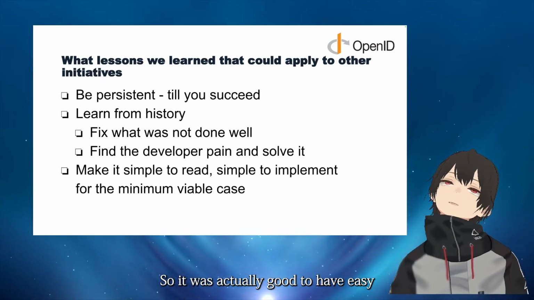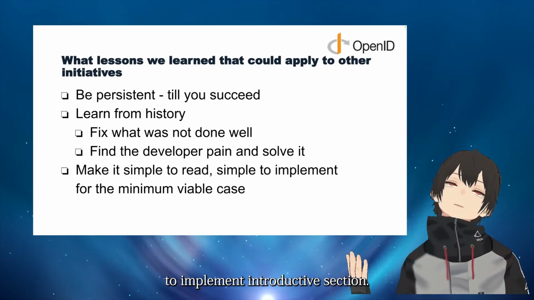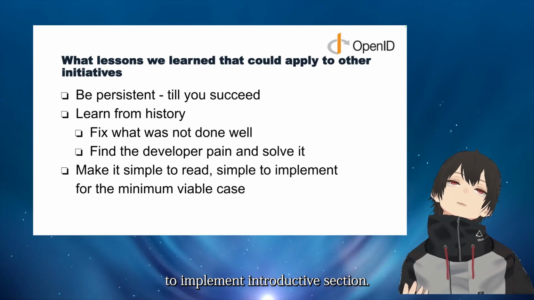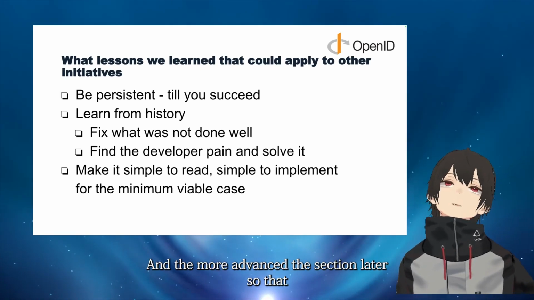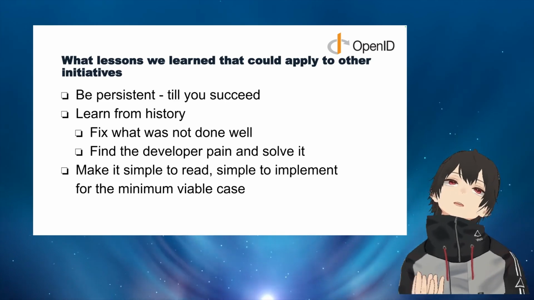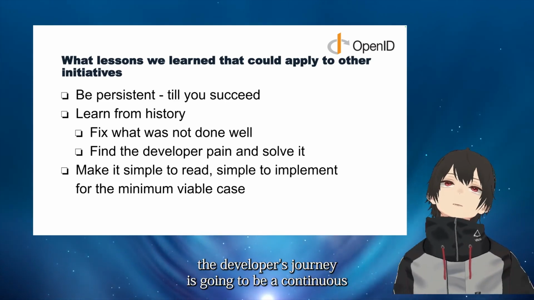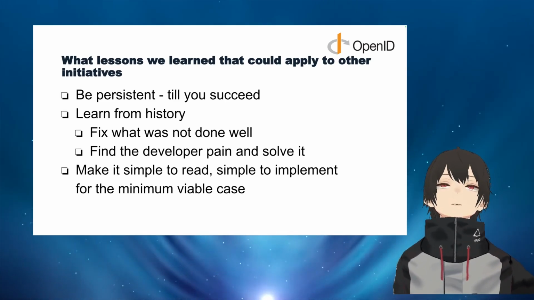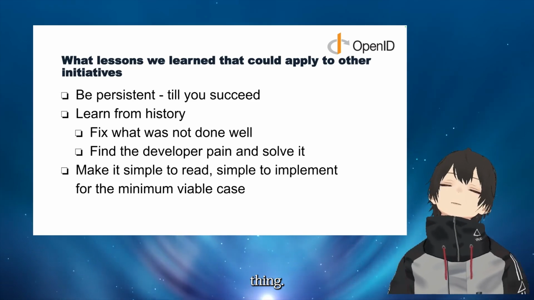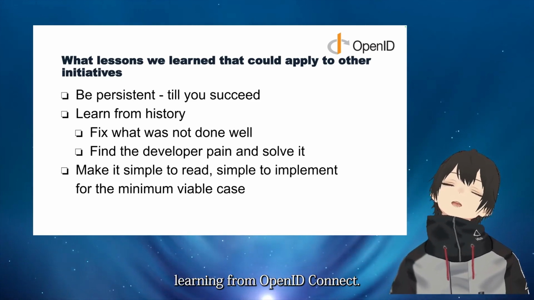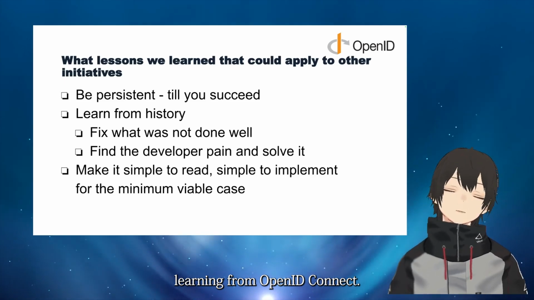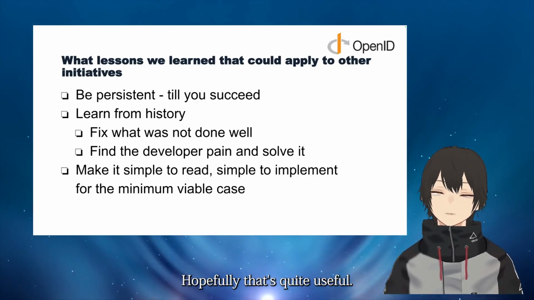So it was actually good to have an easy to implement introductory section and the more advanced section later, so that the developer's journey is a continuous thing. So that's our learning from OpenID Connect. Hopefully that's quite useful.